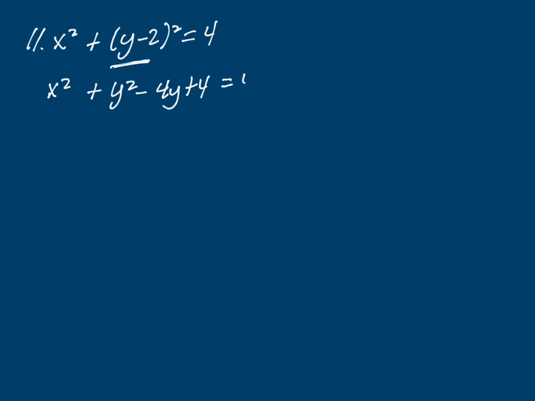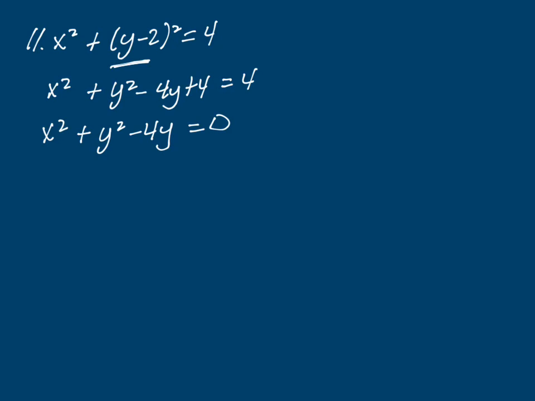x squared plus (y minus 2) squared equals 4. So let's multiply this out first. x squared plus y squared minus 4y plus 4 equals 4. So you get x squared plus y squared minus 4y equals 0.